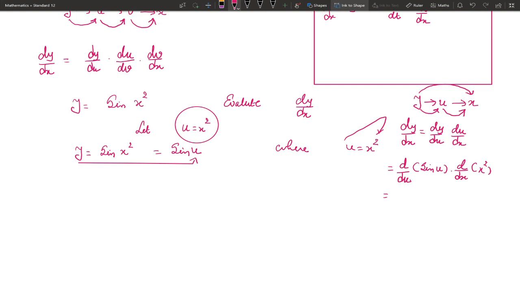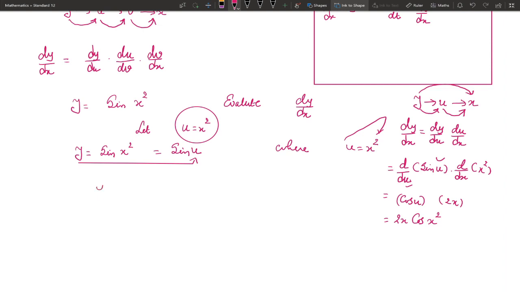Now derivative of sine u with respect to u is cos u. Derivative of x square is 2x. We know d by dx of x raised to n is n x raised to n minus 1. So this is 2x into cos u. Put value for u, u equal to x square. This is the example of how chain rule works.